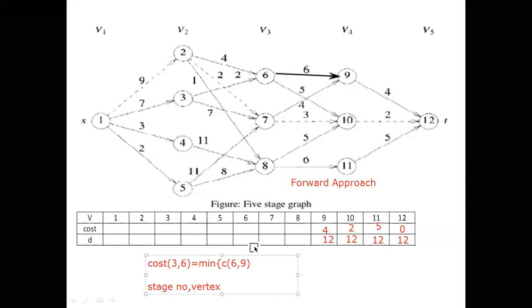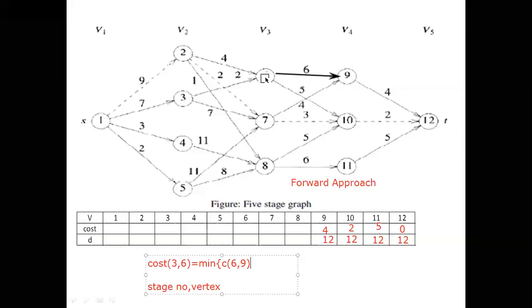Right? What is C of 6 comma 9? This edge I want to get. C of 6 comma 9 means I will get this edge length. I hope it's clear. This edge length is nothing but 6. That is my aim. Right? Plus the distance from 9 to 12.